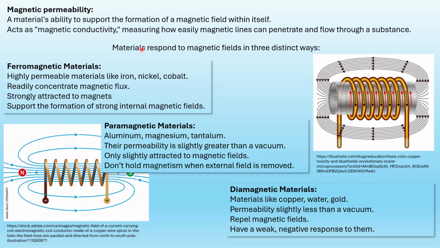All right. Materials respond to the magnetic field in three distinct ways. We distinguish ferromagnetic materials, paramagnetic materials, and diamagnetic materials.